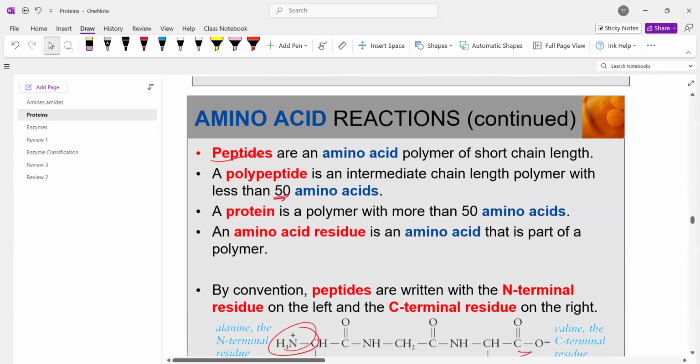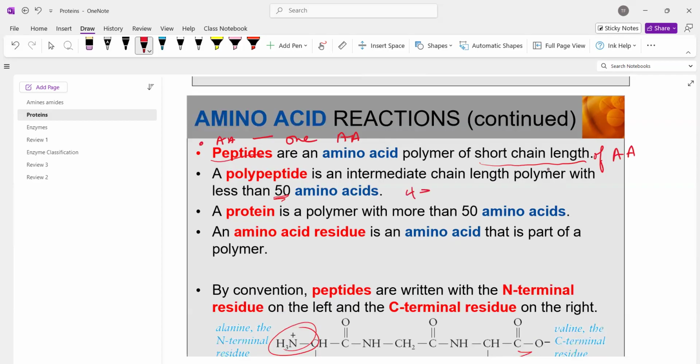Starting with an amino acid, that is one amino acid. A peptide is a short length of amino acids. A polypeptide is less than 50, but greater than usually 4 or something like that.